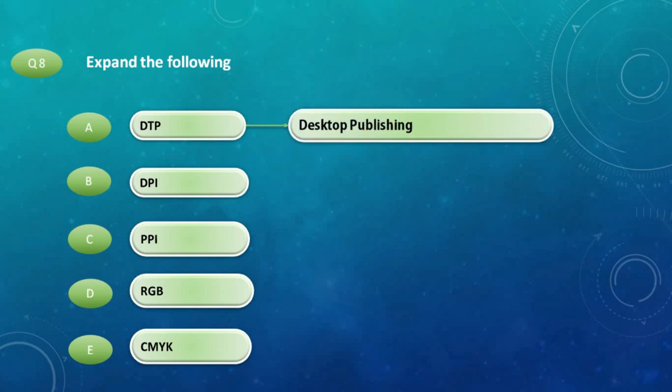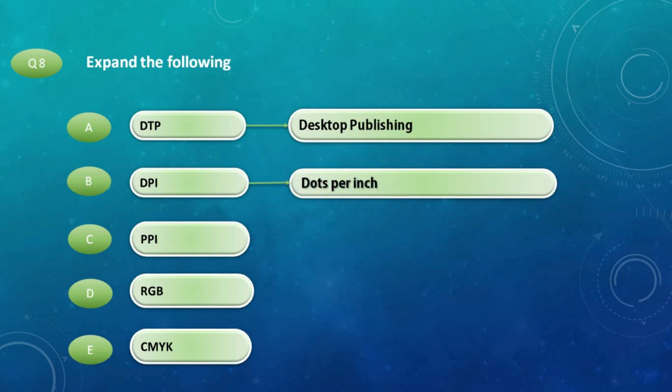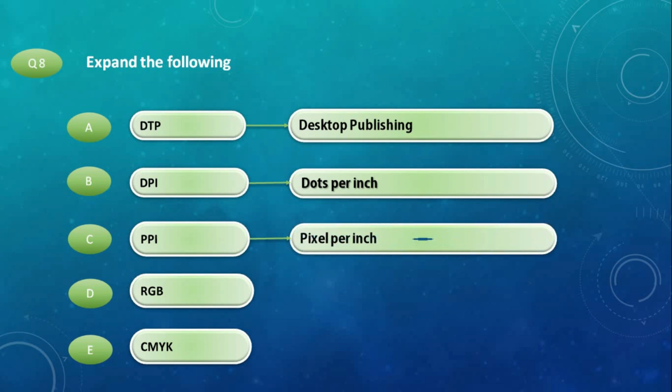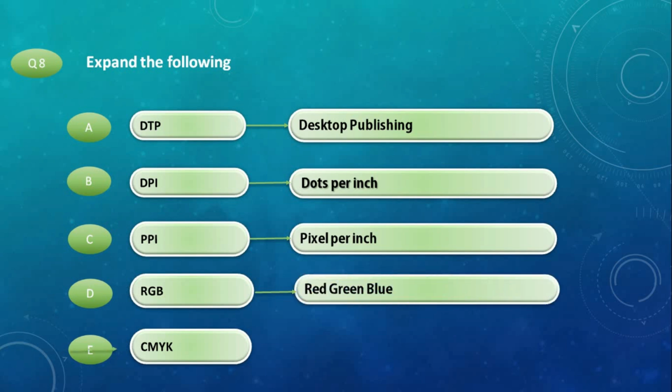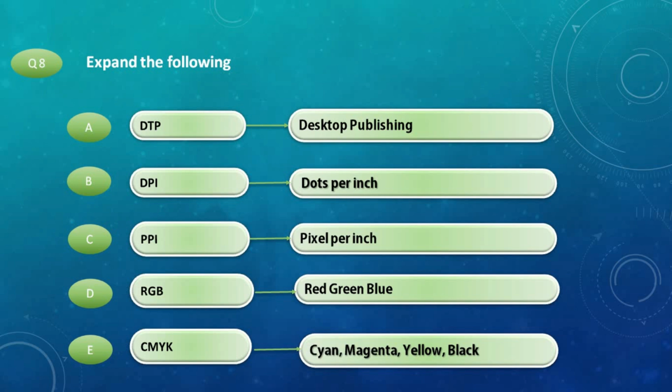The answer for this, DTP stands for desktop publishing. DPI, it is dots per inch. PPI, it's pixels per inch. RGB, red, green, blue. CMYK, cyan, magenta, yellow and black.